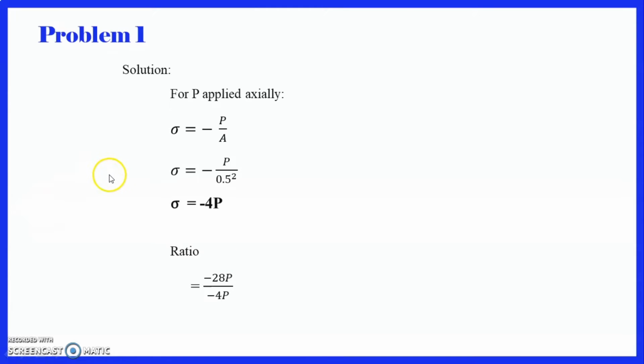We have obtained the value for P at off center, which is equal to negative 28P, and the value for P applied axially, which is negative 4P. Therefore, we have negative 28P over negative 4P, which is equal to 7 over 1, or 7.